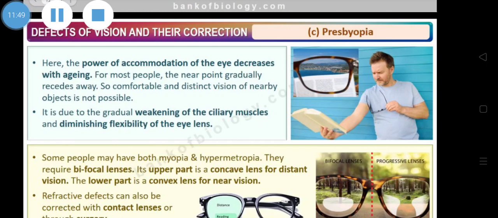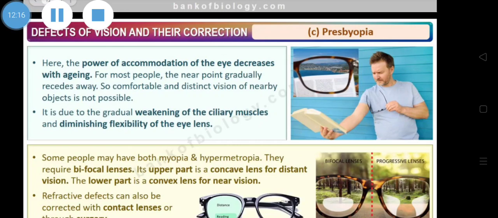Many people may have both myopia and hypermetropia. They require bifocal lenses also. The upper part is a concave lens for distant vision and the lower part is a convex lens for near vision. So these are people who use both types of lenses in a single spectacle.